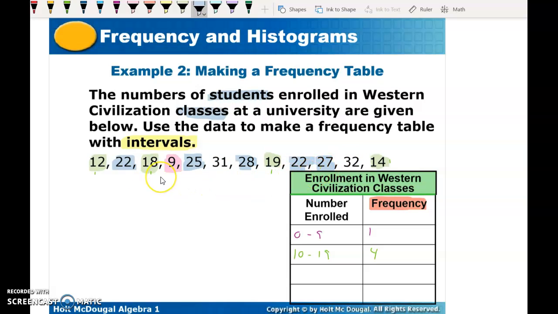All right, so we'll write our interval down here. So our interval would be from 20 to 29. And then how many do we have here? 1, 2, 3, 4, and 5. So we'll make a 5 here.